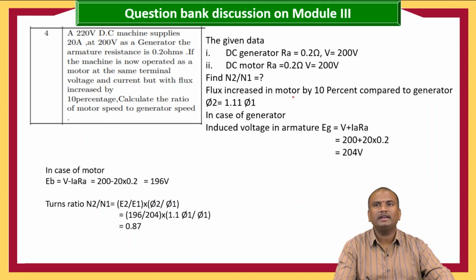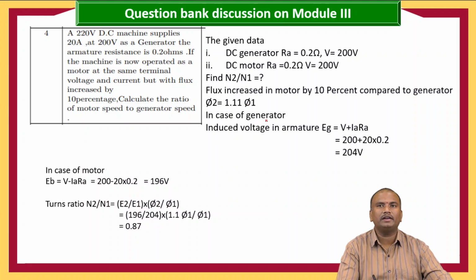Here the flux is increased in the motor by 10% compared to the generator. So phi 2 is equal to 1.1 times phi 1.